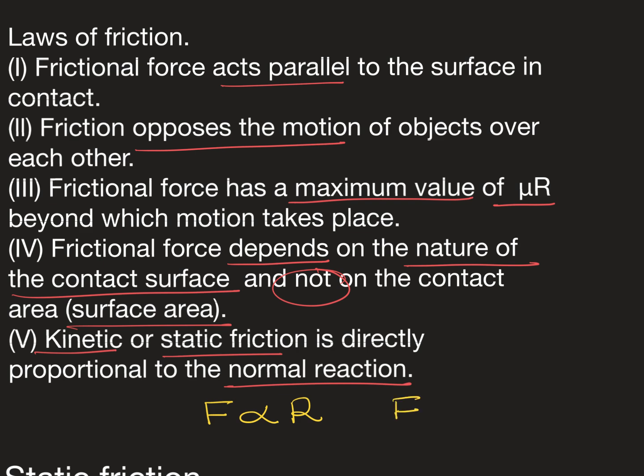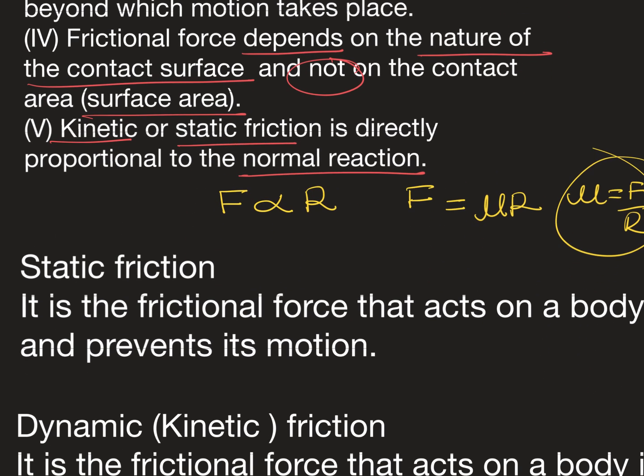So F is equal to mu R, okay, where mu is called the coefficient of friction. If I want to find mu, it means mu is equal to F all over R. We'll discuss that. So let's just move on.